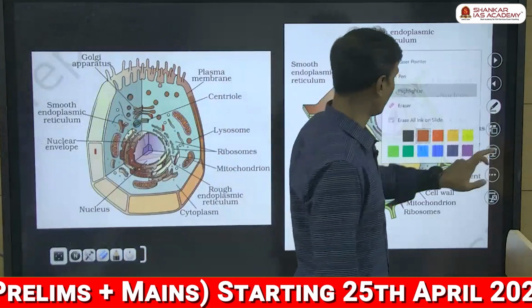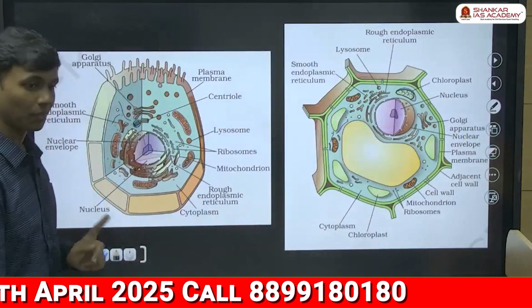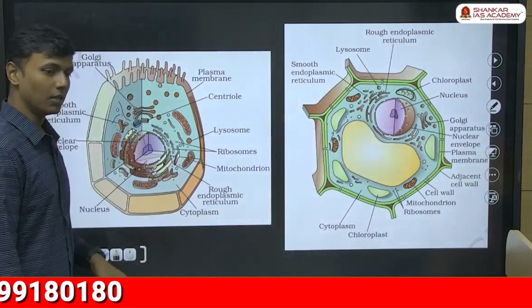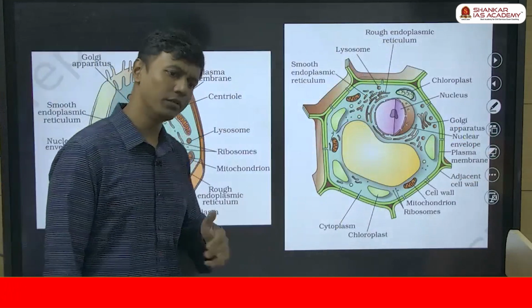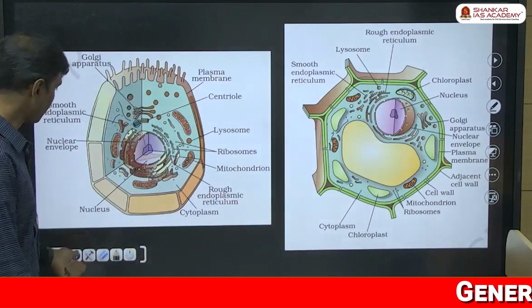We're going to compare and learn about all the organelles that are present here, because in 2019 and 2020, UPSC asked about cell organelles. Just about the organelles present here. So protoplasm, cytoplasm, nucleus, you should have clarity on these things. You've heard about protoplasm, you've heard about cytoplasm. What is the difference between protoplasm and cytoplasm?